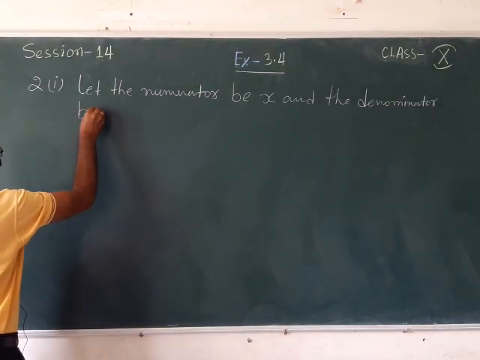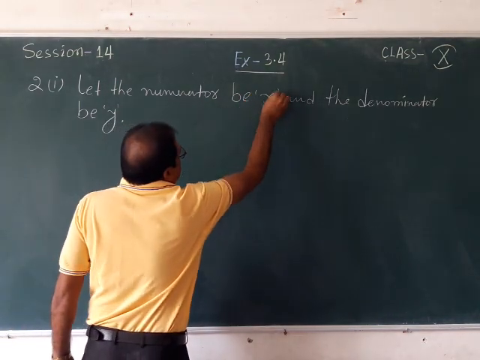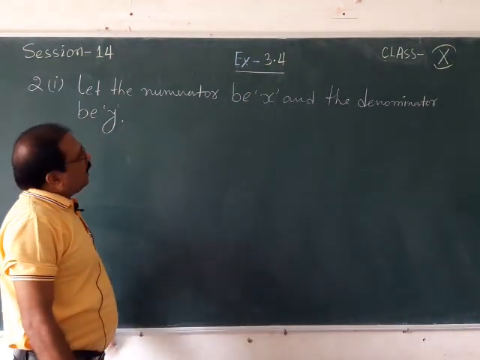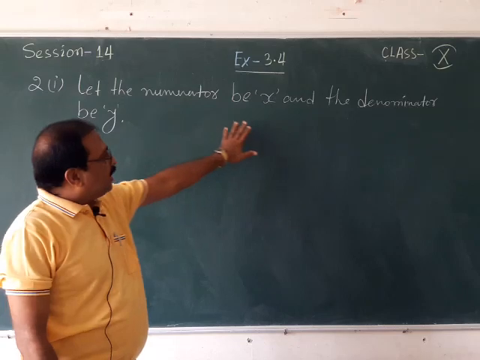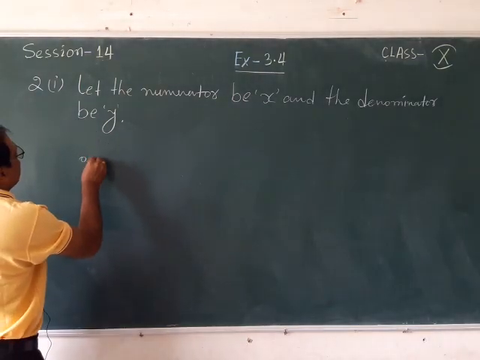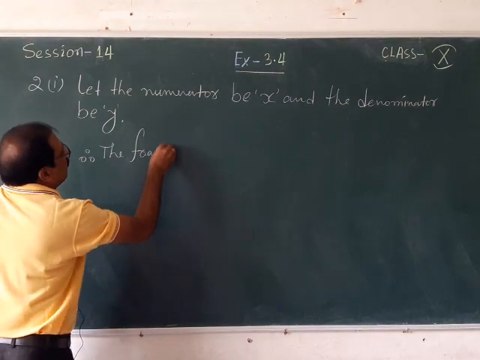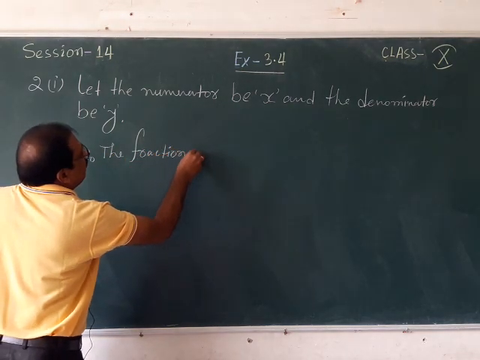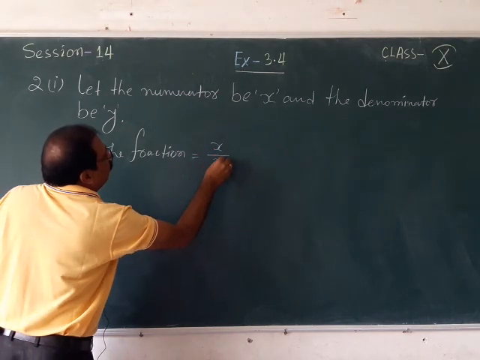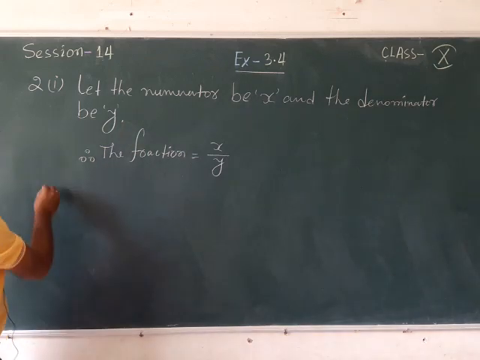As we are having a fraction, in a fraction we know that there are a numerator and a denominator. So the numerator is x and the denominator is y. Therefore the fraction is x upon y.